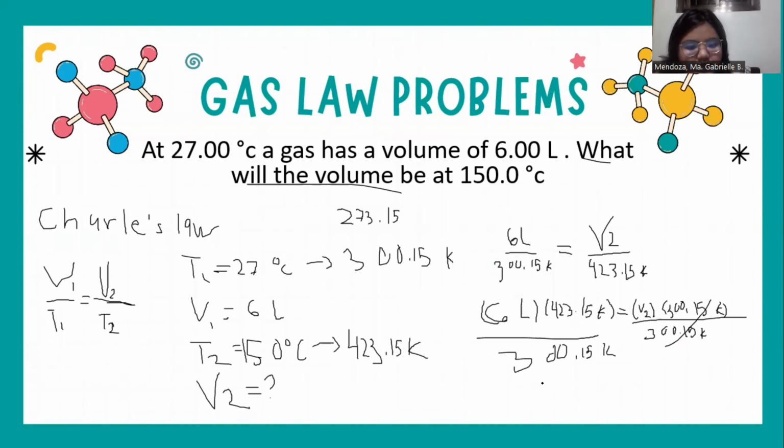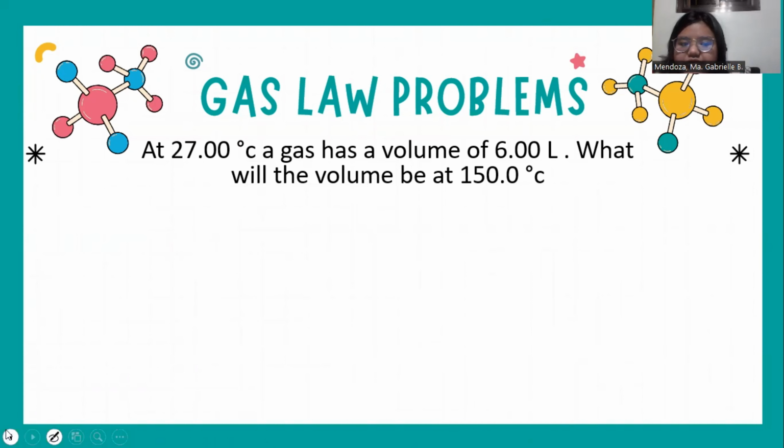So, ang volume V2 would be 8.46. Bakit 46? Kasi nakalagay dito sa calculator is 8.458. So, nag-round off tayo to two decimal places. Dito, cancel natin yung Kelvin kasi ang unit ng volume is liters. So, this is our final answer.